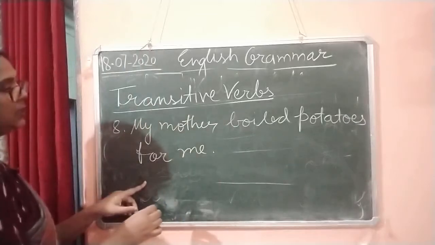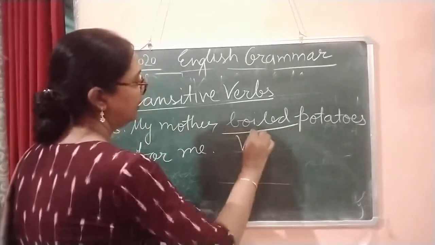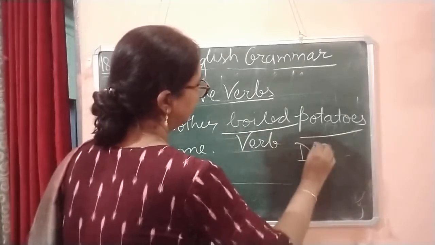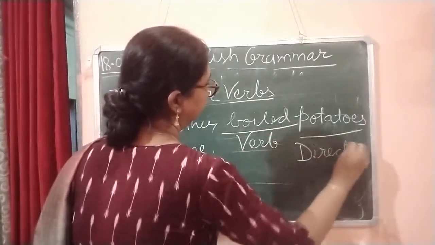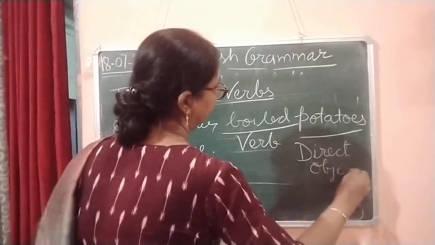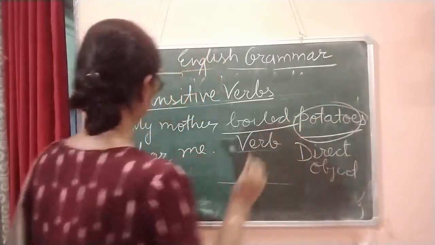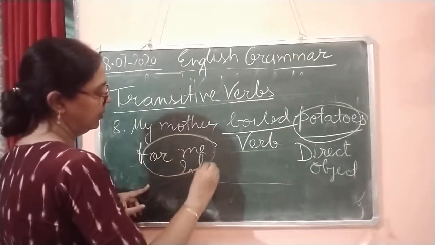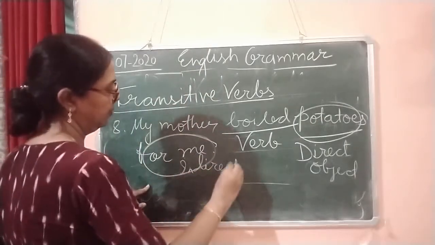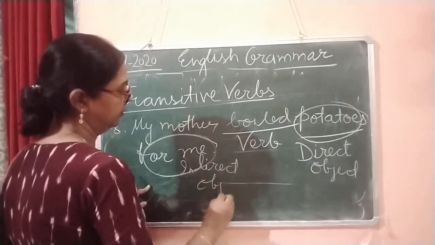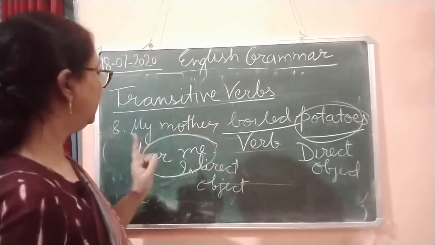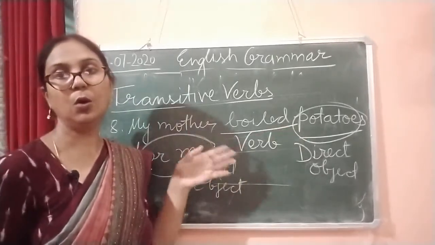Now here you can see boiled is a verb, potato is the direct object, and for me is the indirect object. So in this sentence we have two objects.